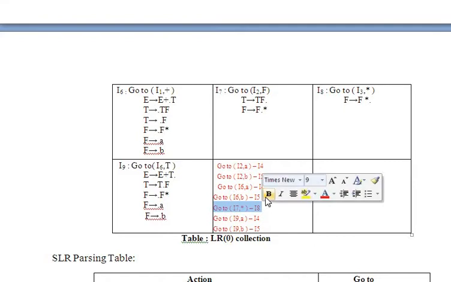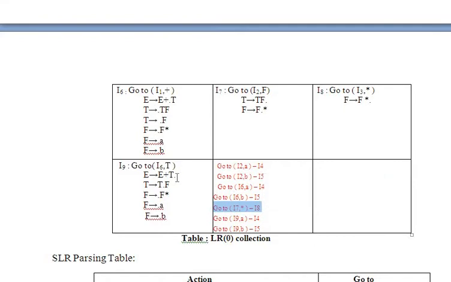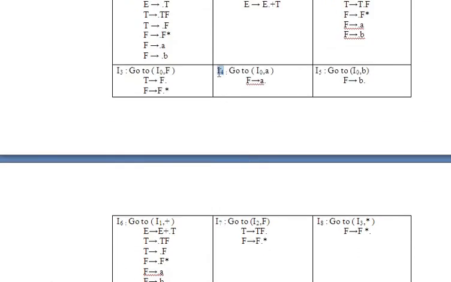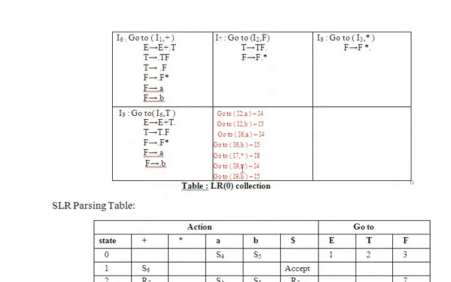Next I9 on A is I4. I9 on A gives F gives A dot, and I9 on B gives F gives B dot, which are already indicated by I4 and I5. So I9 on A goes to I4, I9 on B goes to I5.